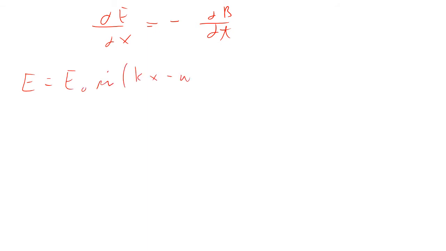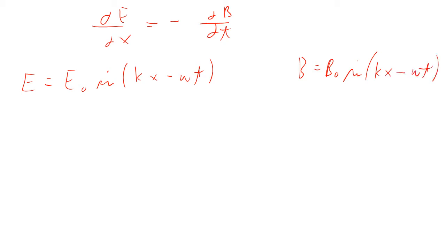We know that the partial of E with respect to x equals minus the partial of B with respect to time. Remember E is E naught sine kx minus omega t, and B is B naught sine kx minus omega t.